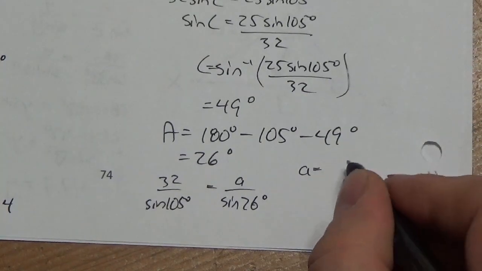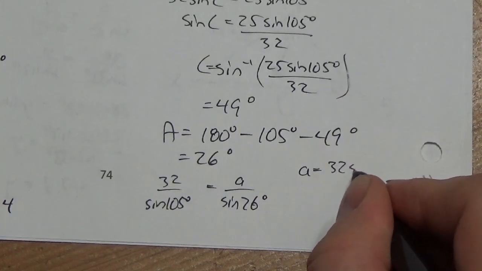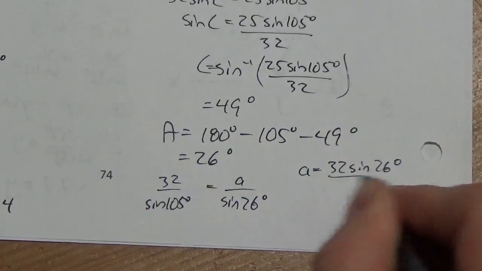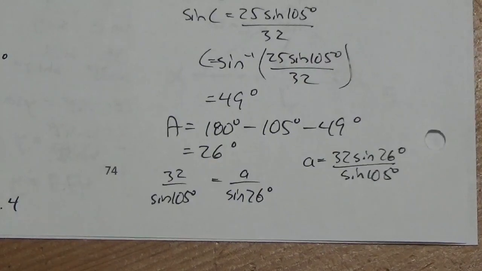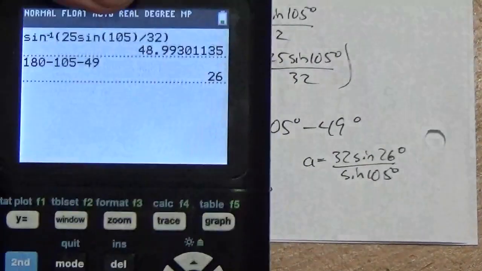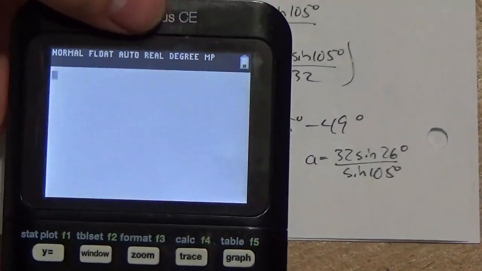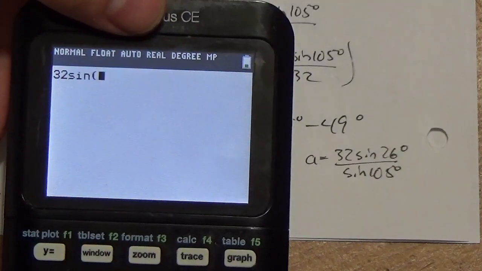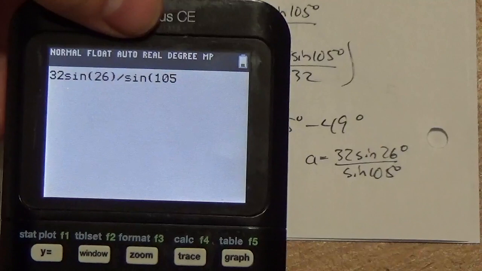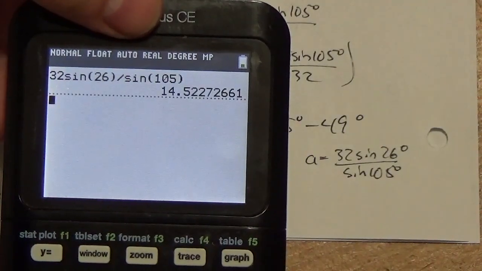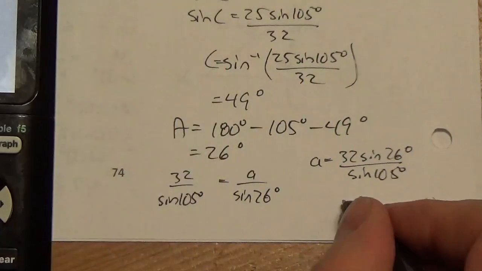So A is going to equal 32 sine of 26 degrees divided by the sine of 105. Okay, now I go to my calculator, and we've got 32 sine of 26 divided by the sine of 105. What do I get? 14.5.